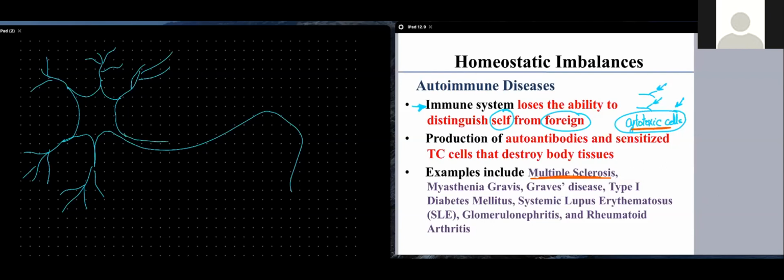And a long process, this was my axon that did have those telodendria. And remember, surrounding the axon, we've got the Schwann cells forming the myelin sheath in an interrupted way like this.